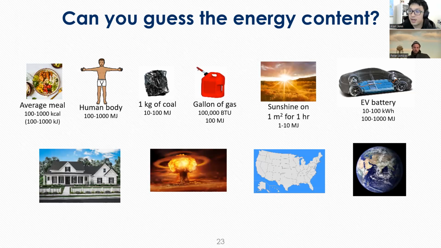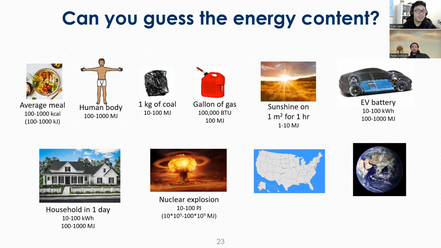Okay, so how much energy does the average household use within a day? 10 to 100 kilowatt hours. And then a nuclear bomb. That is 10 to 100 petajoules, or the equivalent of 10 to 100 billion megajoules.